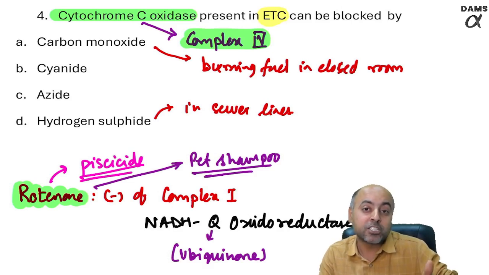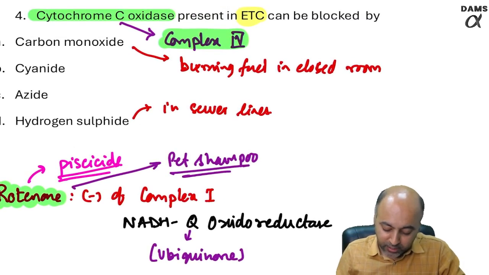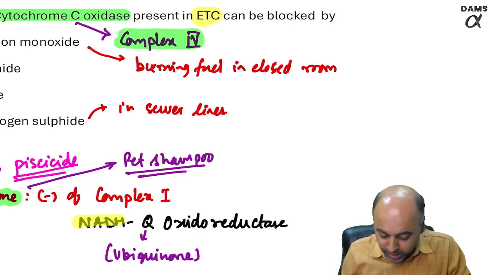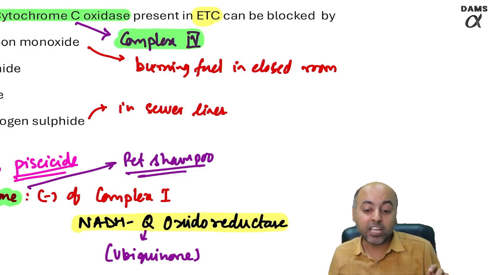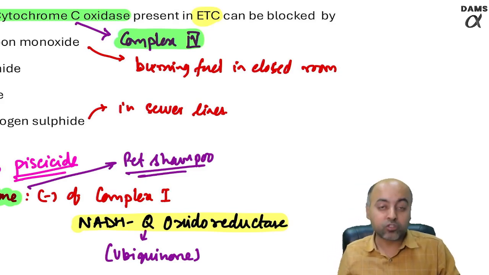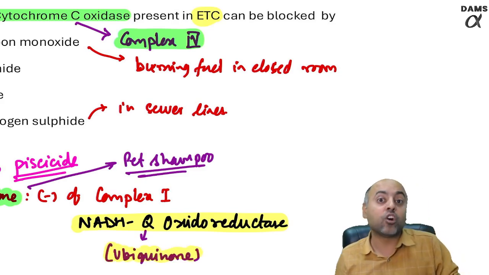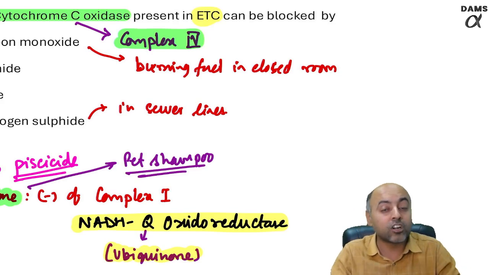You must know about rotenone. It is an inhibitor of complex 1, and the name of complex 1 is NADH-Q oxidoreductase. Please remember the name, because in the question they might not give the number, they can give the name. The other name for Q is ubiquinone. We have seen a question where the option was written as NADH ubiquinone oxidoreductase, and a lot of students got confused.